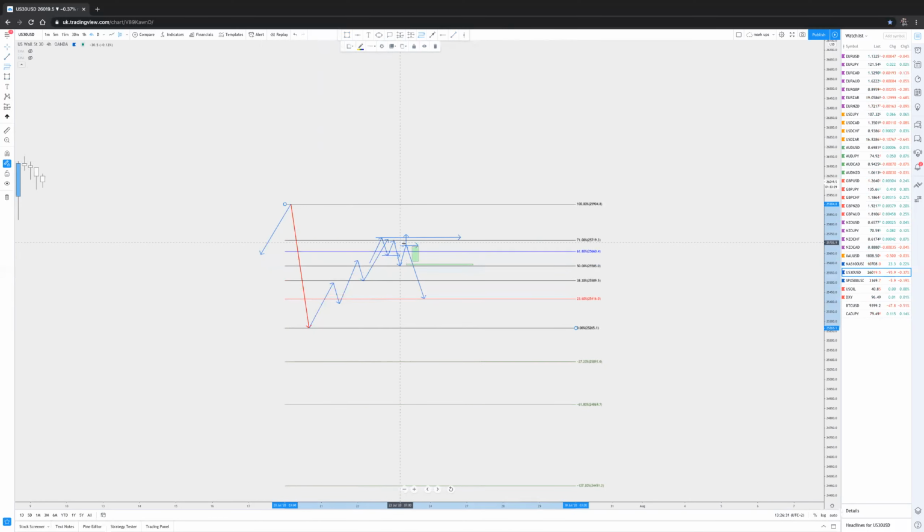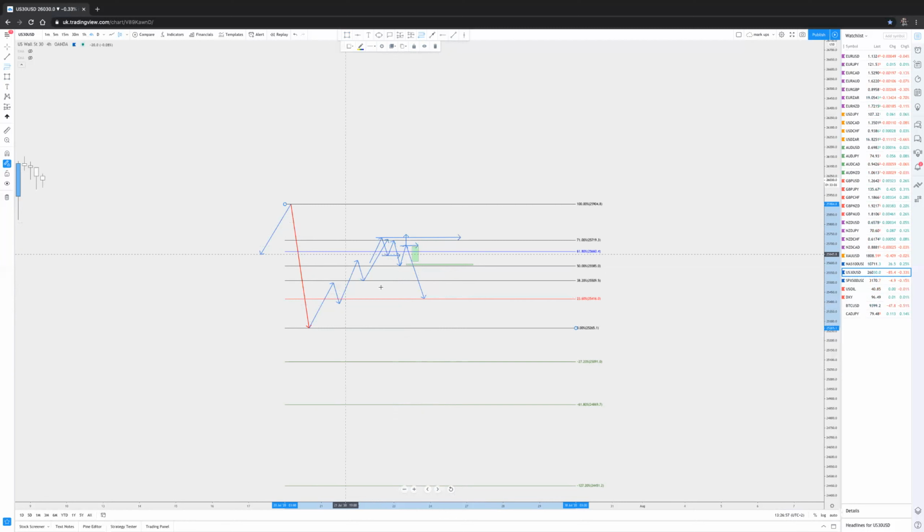So if you find an entry here and you just want to take it to, let's say, a fib target, then you can place your stops based on M30. Let's say you want to take the trade back into the 0%. You can just place your stops above where that lower high was formed, and you can basically take your trade down. If you want to hold it, it's up to you.